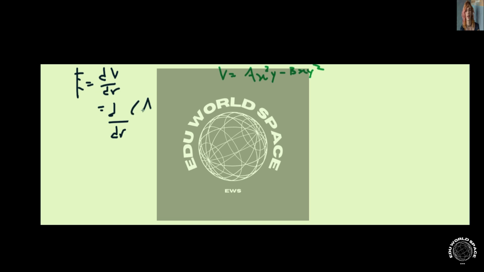Now AX squared Y minus BXY squared. Now if you compute this, we need to compute it for each of the components.